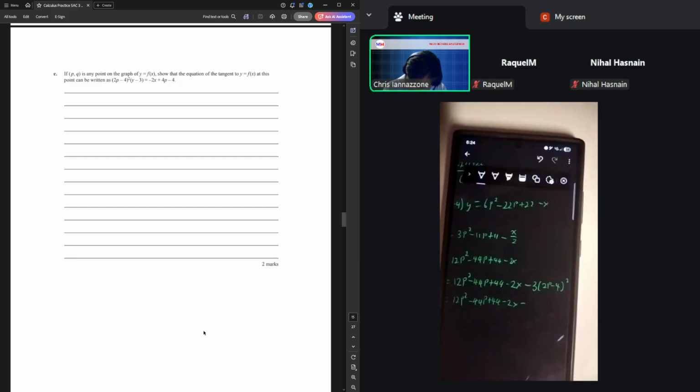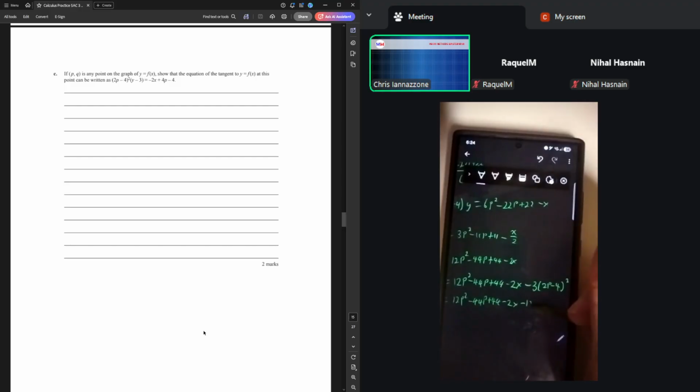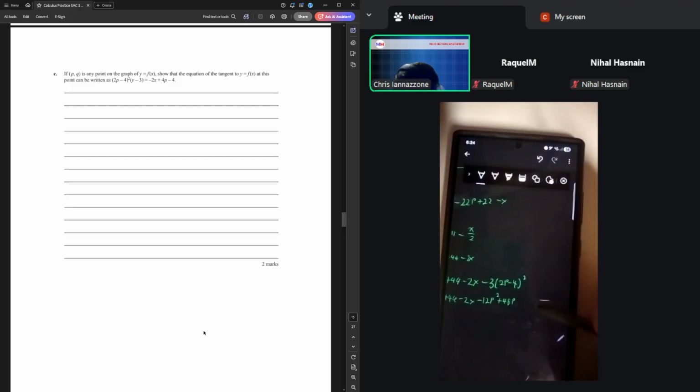So expand negative 3 bracket (2p − 4) all squared. That becomes negative 12p squared plus 48p minus 48.